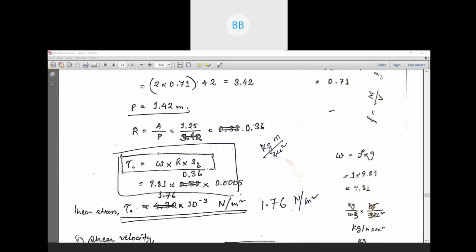Once you calculate R value, you substitute here. And see you are getting the value, is this or not.